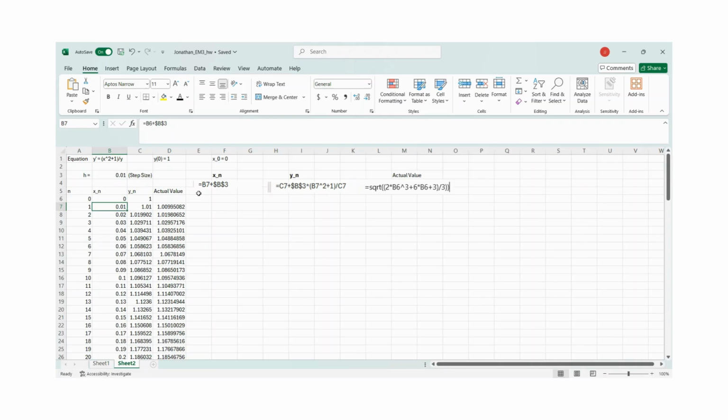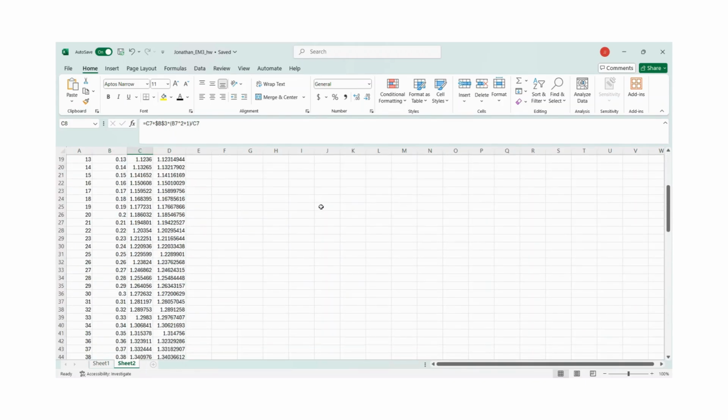Well, this is the step size. I filled down the formulas until n equals 100, where x equals 1, and the estimated value is 1.914443.